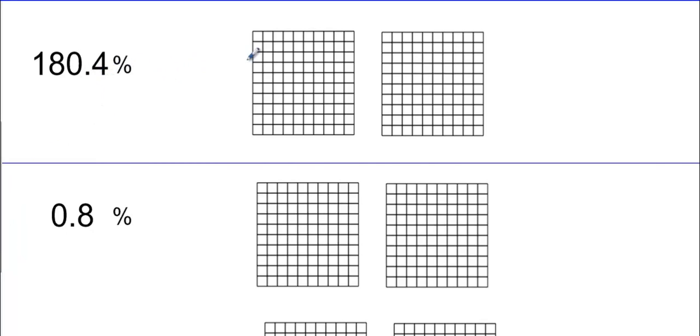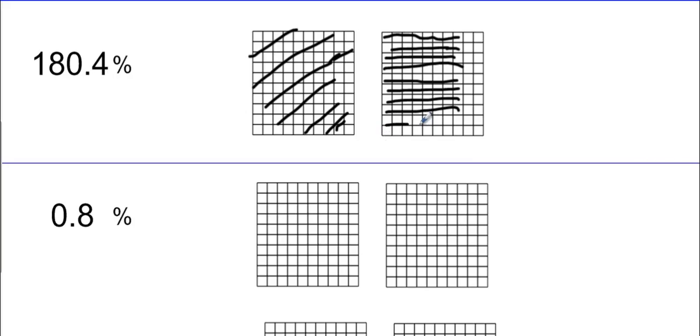180.4. Okay, we'll color 180. I'm going to do this just to speed it up. That's 100. And 80 is going to go up to there on all of them. So we'll go like that. We'll shade all this up to here. You know, I could use a highlighter option here, but that just takes too long, and I just want the answer, right? We just want to get the answer.